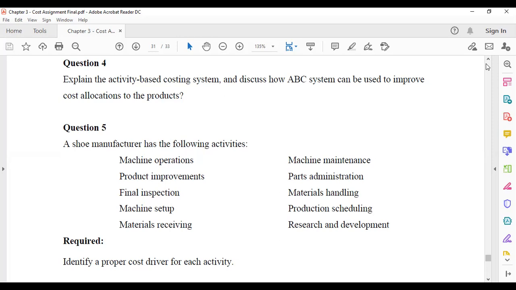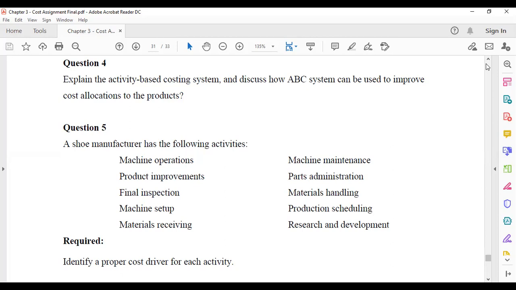Under the traditional costing system, you would have used only one or two cost drivers, namely direct labor or machine hours, but a cause and effect relationship was not necessarily there. So sometimes it resulted in arbitrary allocation of cost, in instances where there is no cause and effect relationship.